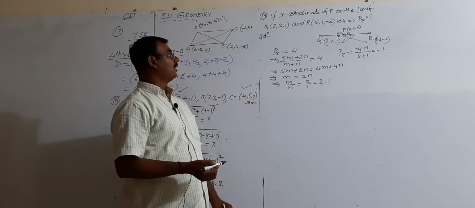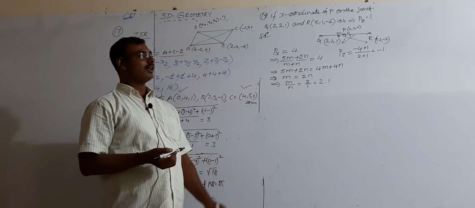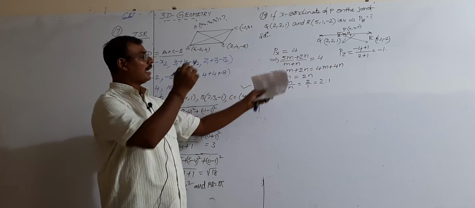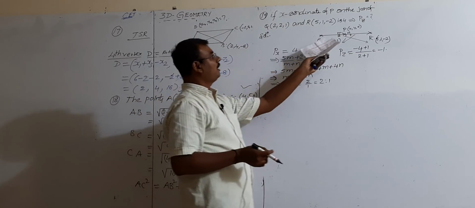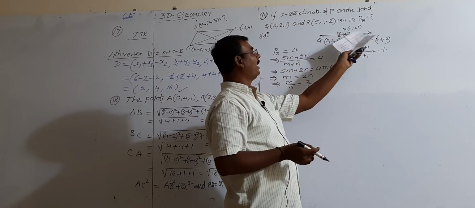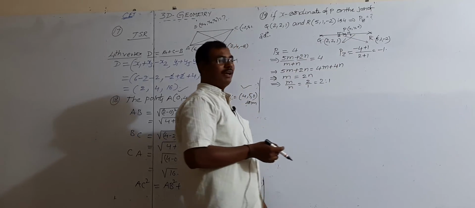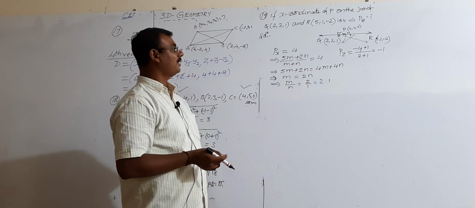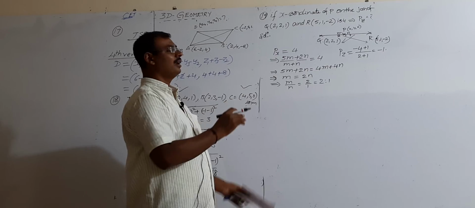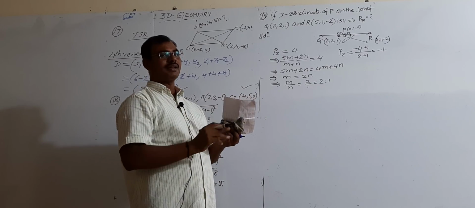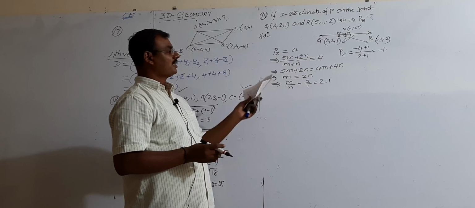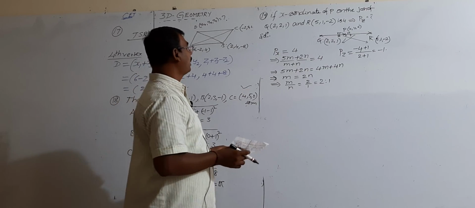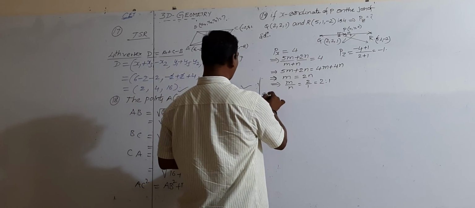What is the z coordinate of P here? Minus 1. What is the x coordinate of P? 4. Can you find similarly the y coordinate of P? How to find it? my2 plus ny1 divided by m plus n. So like we are finding the x coordinate, y coordinate, z coordinate also. Okay? Are you following using the section formula? Next I am going to question number 20.